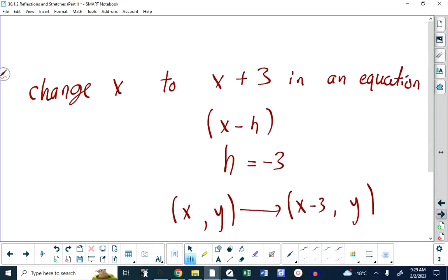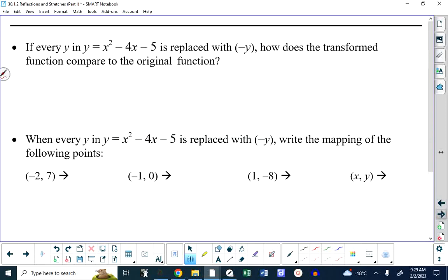All right, let's take a look now at a similar kind of question. If I replace every y in this same function's equation with negative y, then it becomes this. But we all know that we really don't like to write negative y equals. So I want to write positive y equals. And there are a number of ways I can do that.